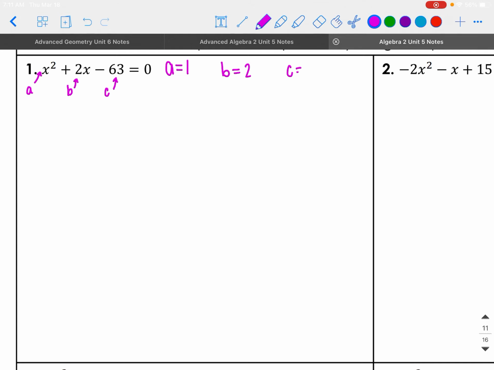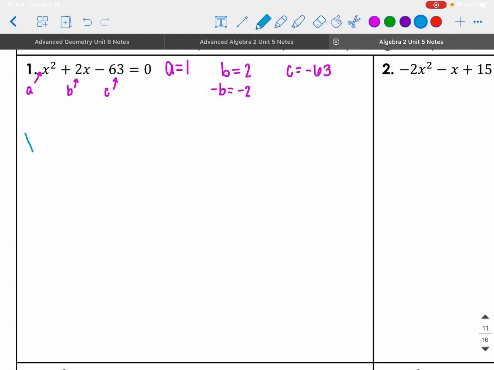And c, that's the number that doesn't have a variable beside it, so negative 63. Now the very beginning of your formula does ask for negative b. That just means that we change the sign of b. So if my original b is 2, negative b is negative 2.